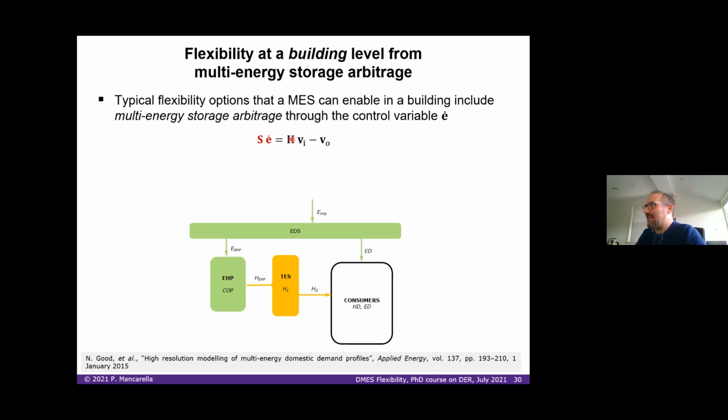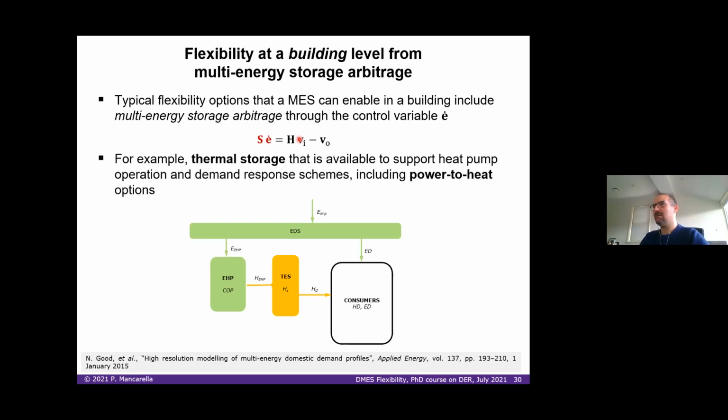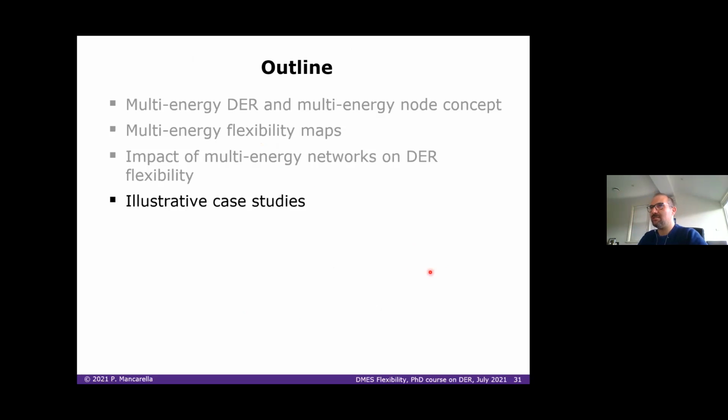However, because there is a coupling here, H is the coupling matrix between input and output, and is coupling then the electricity input to the heat output. So because of this sort of coupling that you see, effectively you enable flexibility on the electricity side.